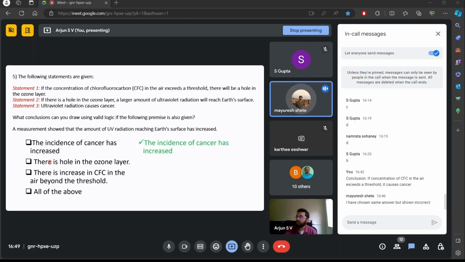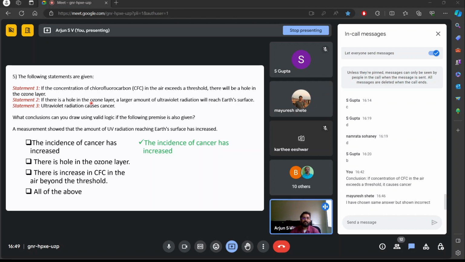I was just thinking, statement two itself is having if and then, right? If A then B. A is hole in the ozone. If the right side is correct, it means the left side is the cause.